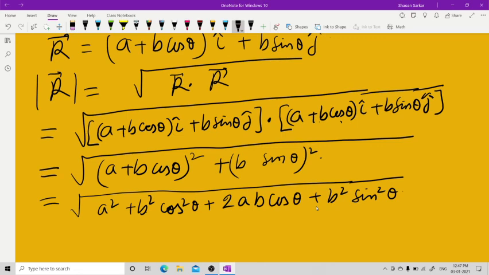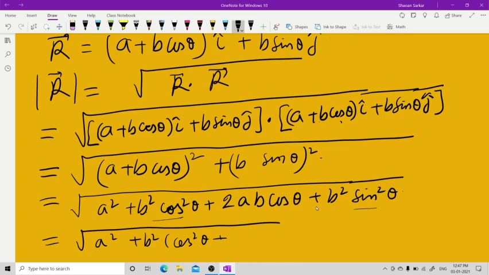Take b square common from this and this. So you will have under root of a square plus b square (cos square theta plus sine square theta) plus 2ab cos theta.